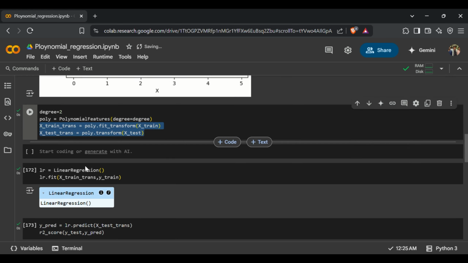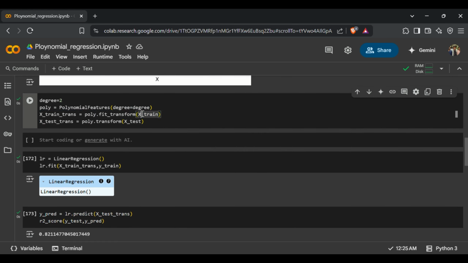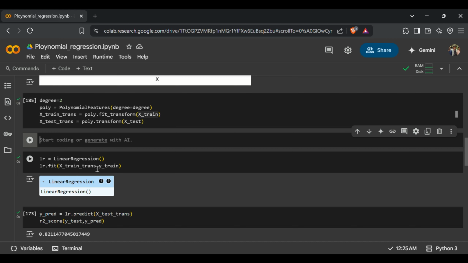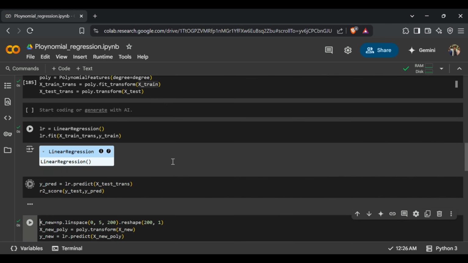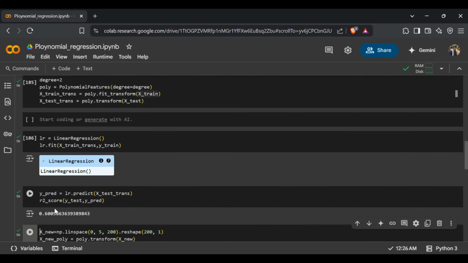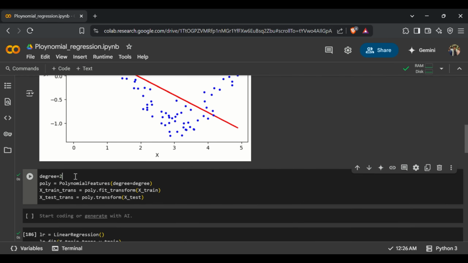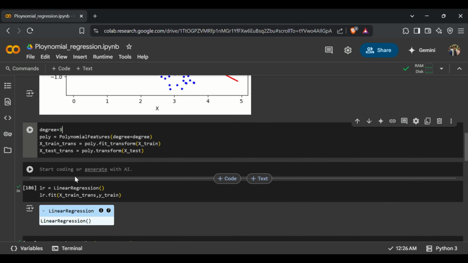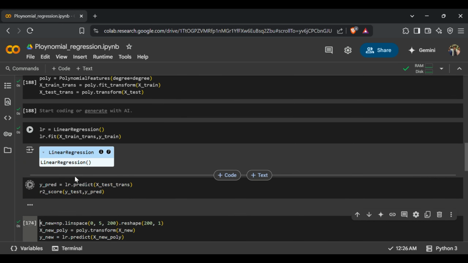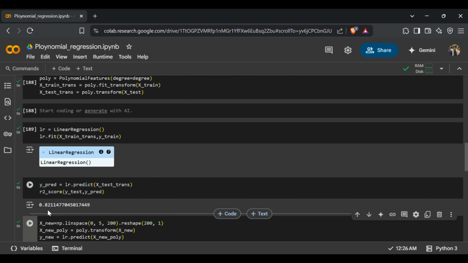Next I have fitted the model with the transformed x train and y train, and you can see the score, that is 60. Why is it less? Because the degree is very low. Let's take degree 3. You can see the score increases.